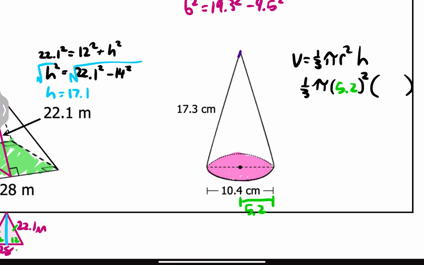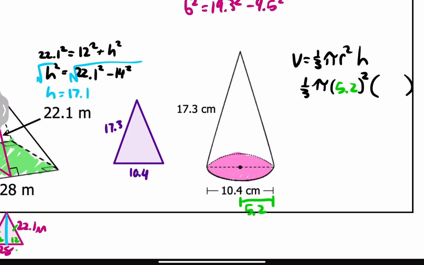So just like before, if I were to look at this straight on, I would see a regular triangle. So let me just redraw over here. Again, they didn't give us any indicator that it would be a slanted cone, so we're going to treat it like it would be just straight up. So we have 17.3, and on the bottom face, we still have the 10.4.